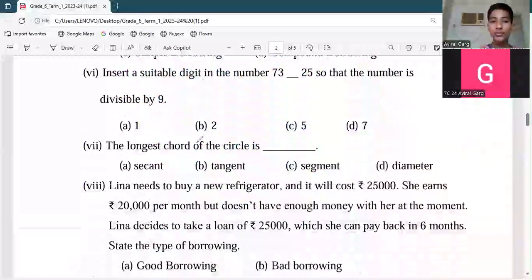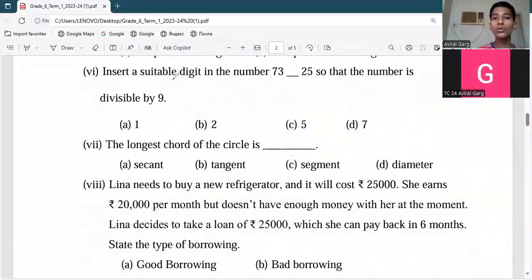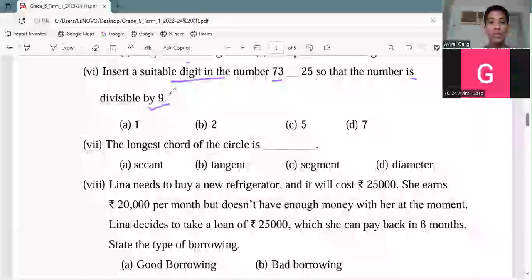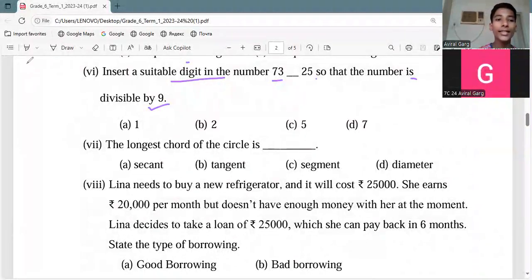This lone question again we will skip. Insert a suitable digit in the number 73-25 so that the number is divisible by 9. What is the divisibility rule for 9?